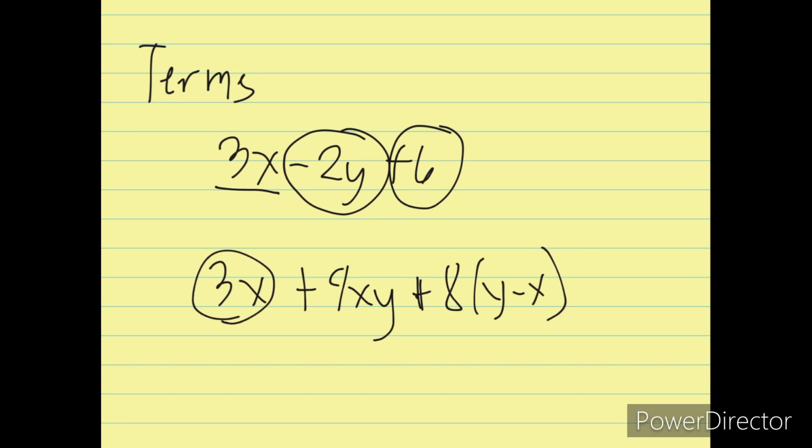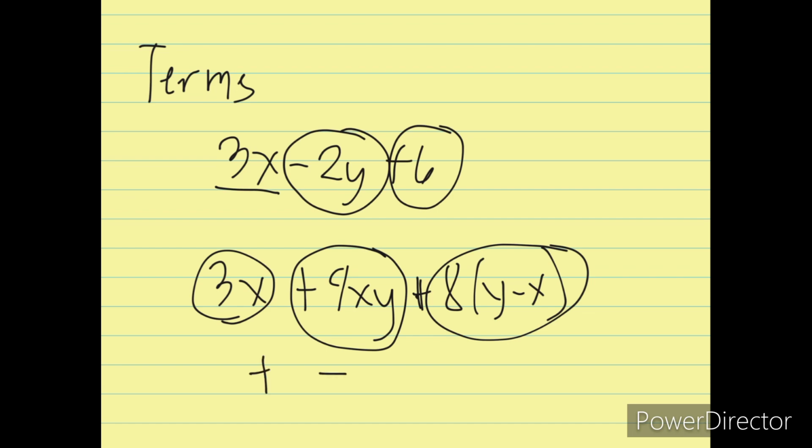First is the 3x, the positive 4xy, and the 8 times y minus x. So the plus and minus signs that break the expression into terms belong to the terms.